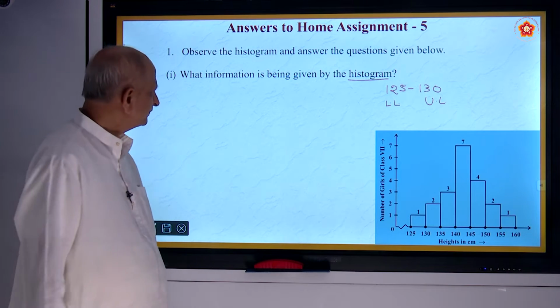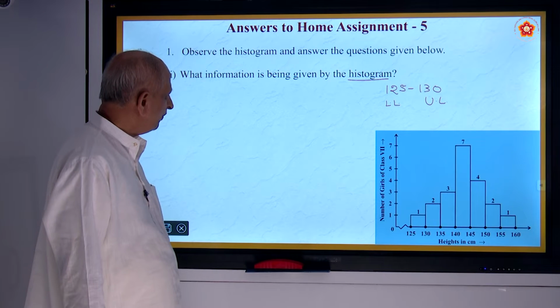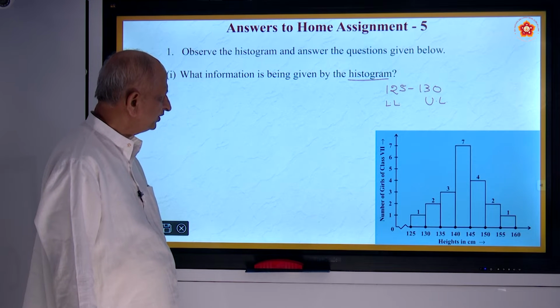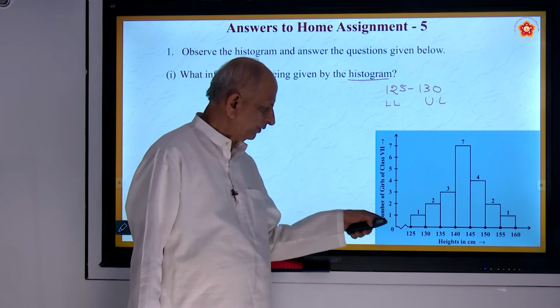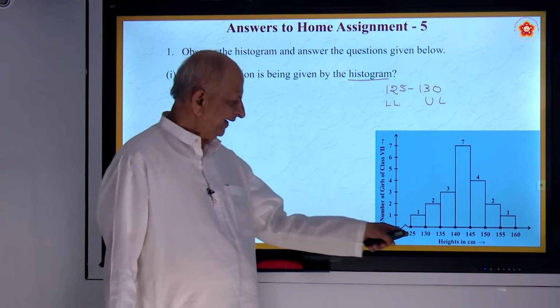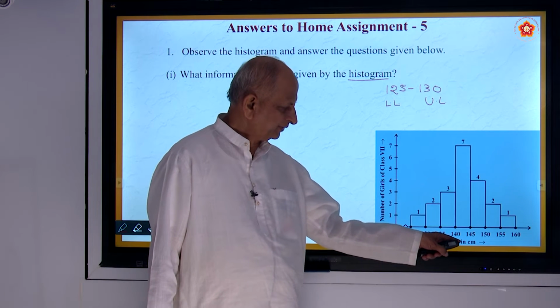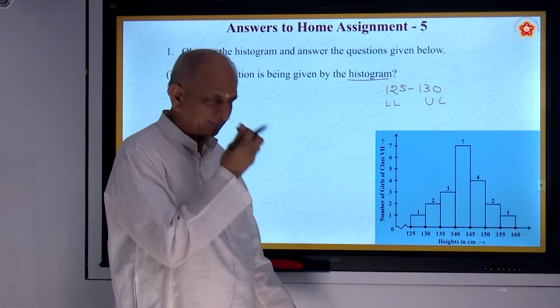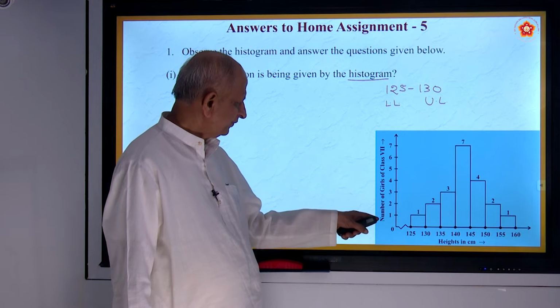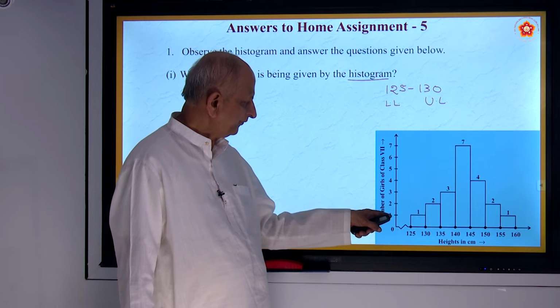Correct? Now the question here is, what information is given by the histogram? This histogram tells about the heights of the girl students in centimeters. And on the y-axis, we have the number of students.